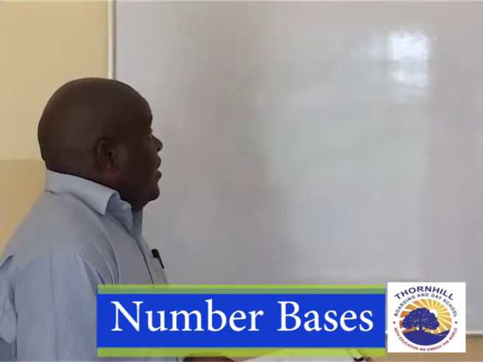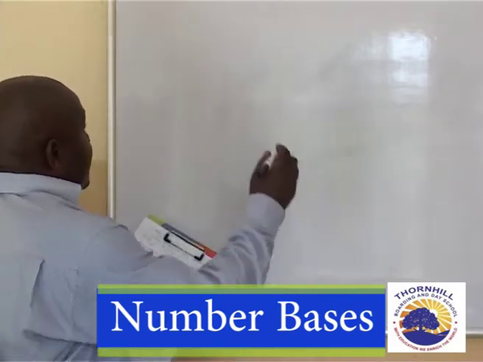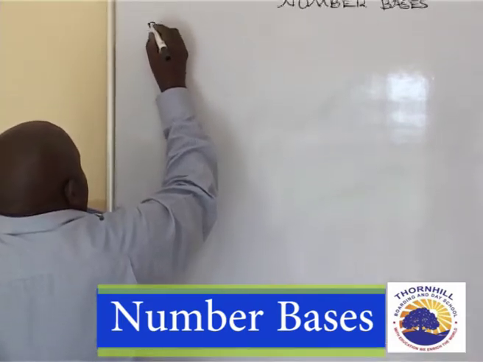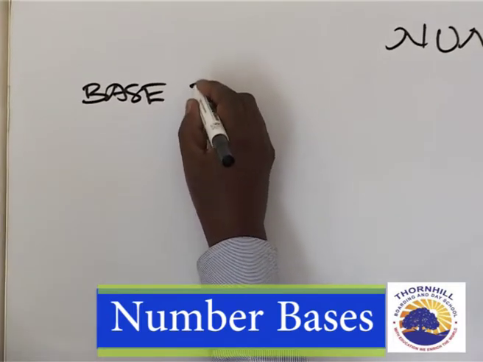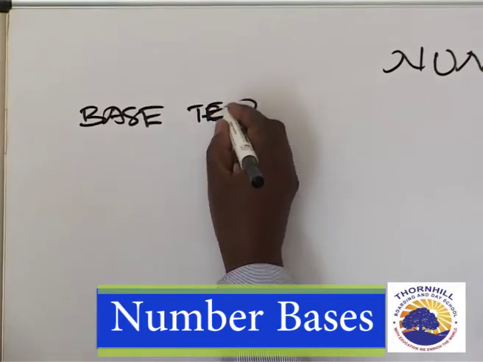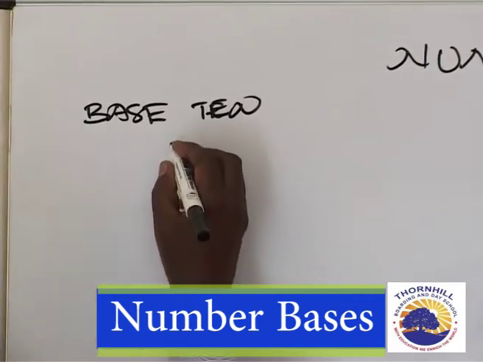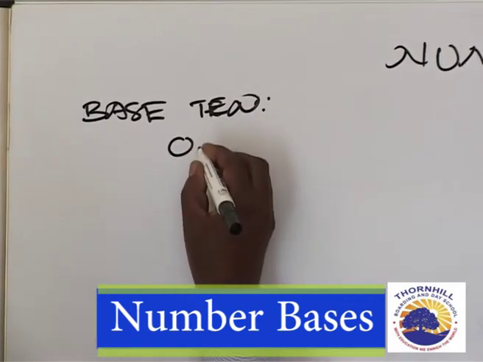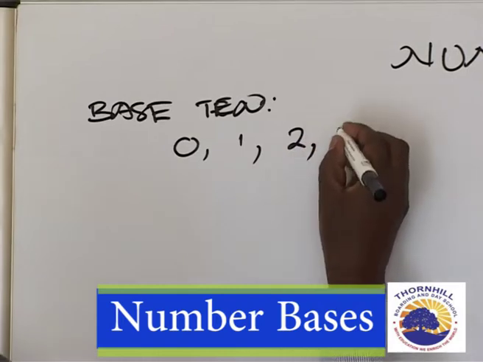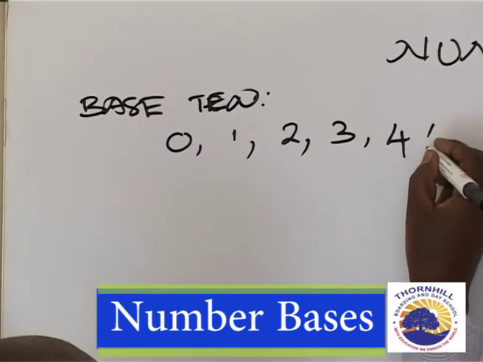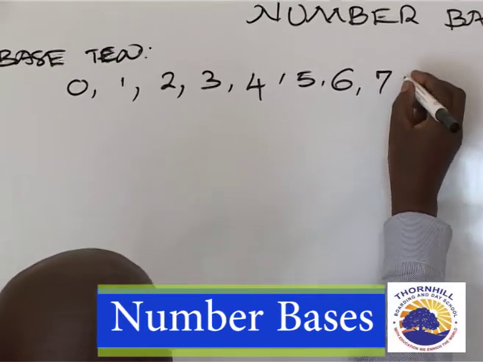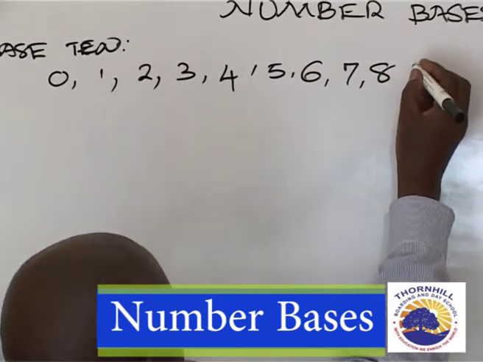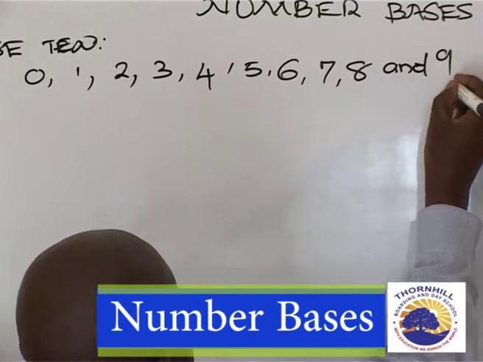So we've been using base 10. And in base 10, we have digits like 0, 1, 2, 3, 4, 5, 6, 7, 8, and 9.